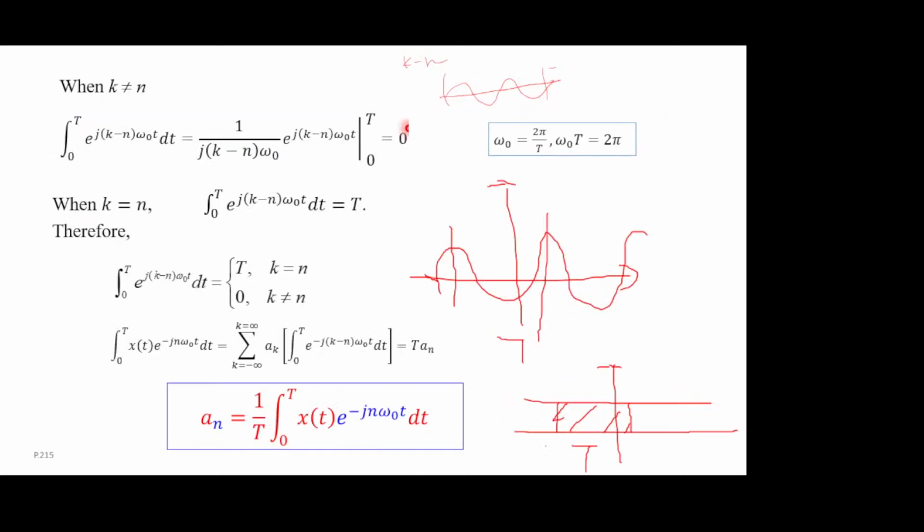Then you see that this is 0 when k is not equal to n, and it is some positive value when k equals n.